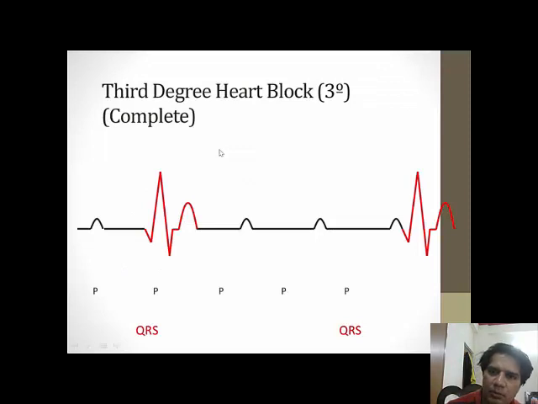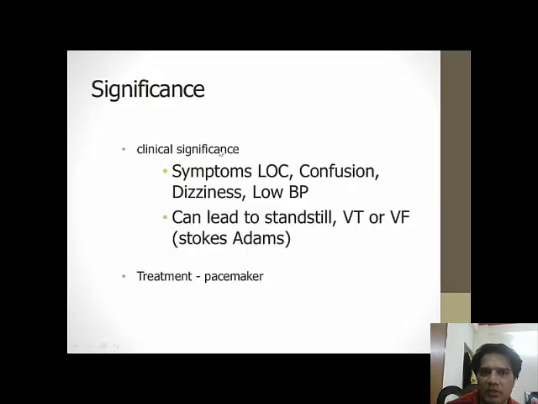So you see, this is broad, going at its own rate, P wave going on its own rate, QRS going on its own. Significance: it can lead to standstill, VT, Stokes-Adams, symptoms like loss of consciousness, confusion. We immediately give atropine while we arrange for a pacemaker. Initially we put a temporary pacemaker, and then after 3-4 days, we can put a permanent pacemaker.